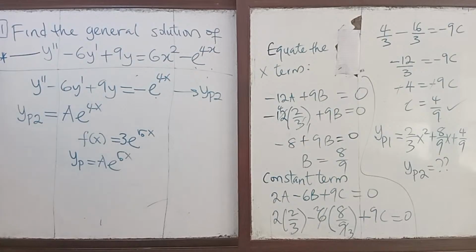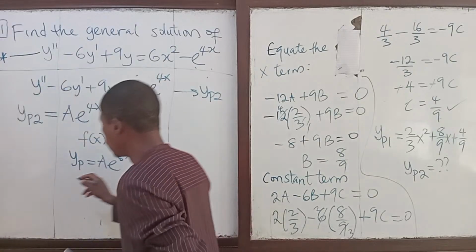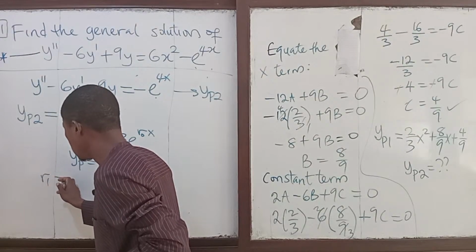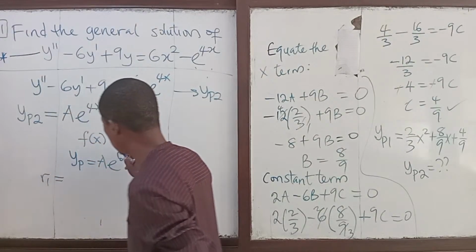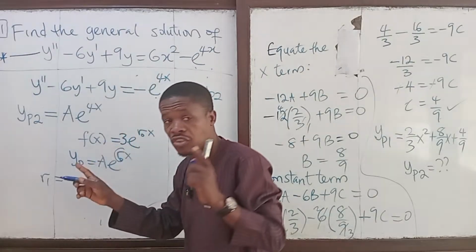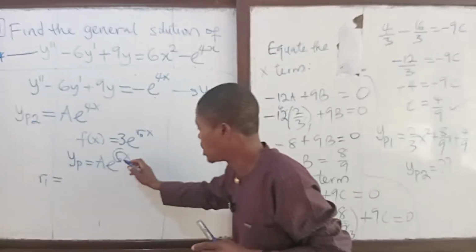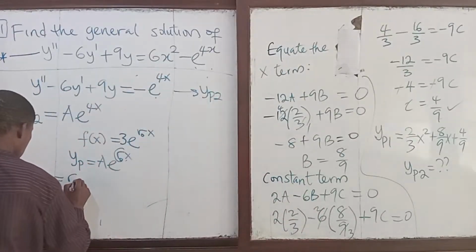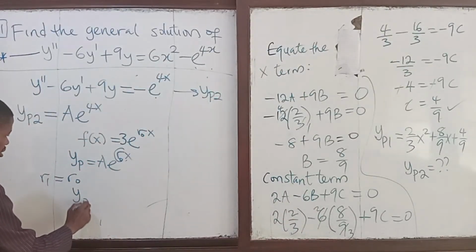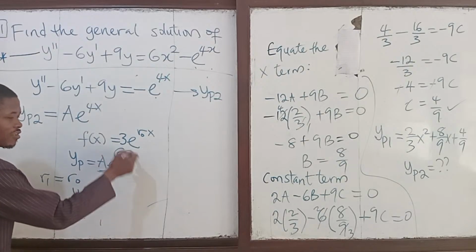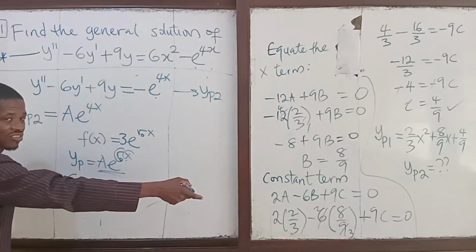Then we now give some conditions. The condition is that if one of your auxiliary roots, r1, is equal to r0, the yp will become what? We're going to multiply this one by the function, because the function is x.